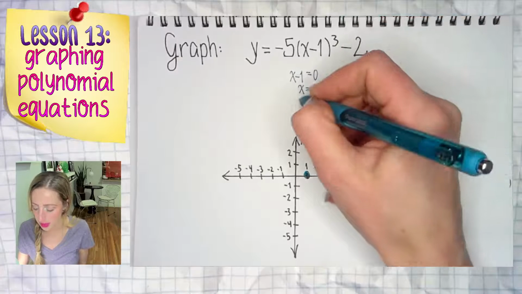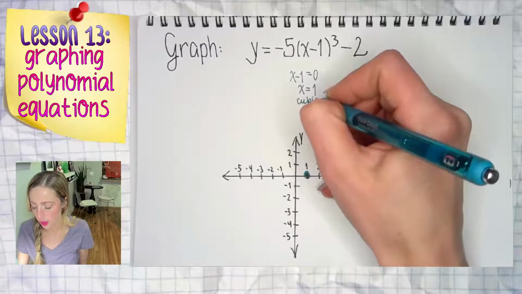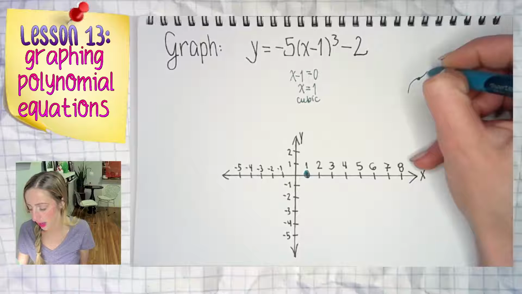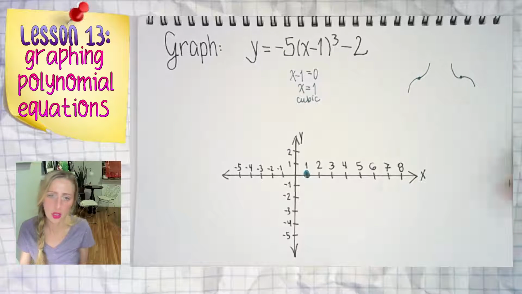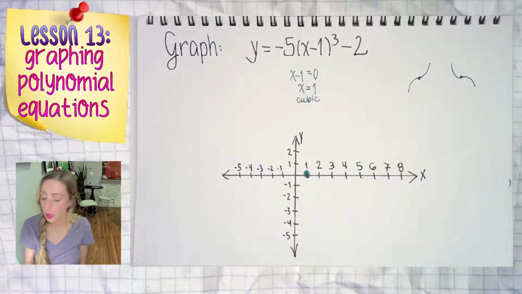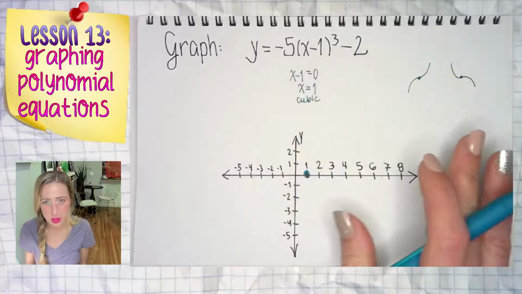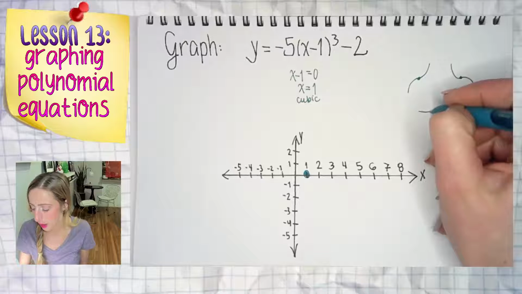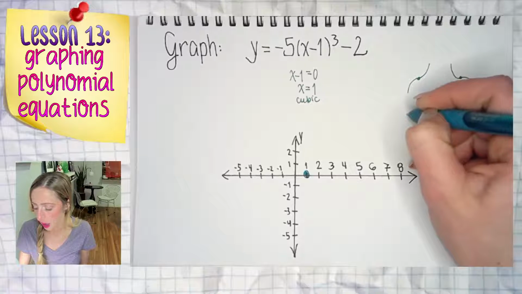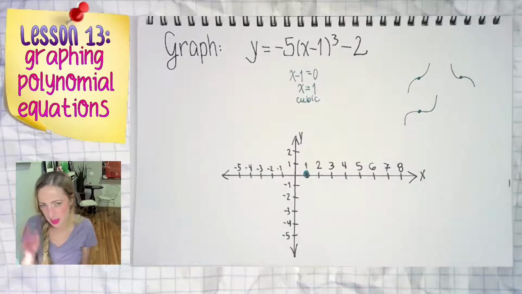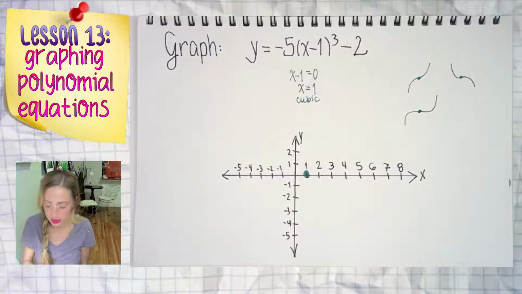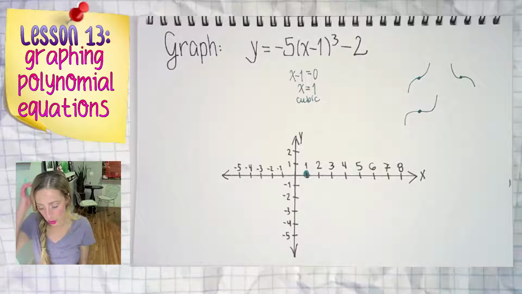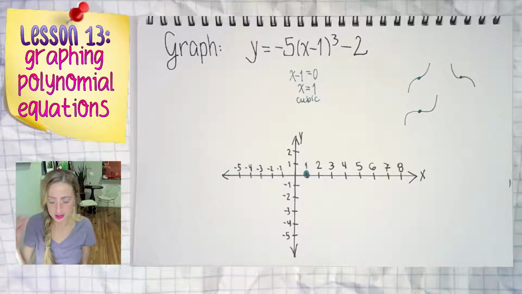Because of the 3, the behavior is cubic, and that means that it'll either have a shape like this or it'll have a shape like that. Really, 3, 5, 7, and so on, the odds have a behavior that's something like this. As the powers get bigger, the shape gets a little bit more squared and a little bit more steep, but it's more or less the same kind of shape depending on your ratio of your axes.